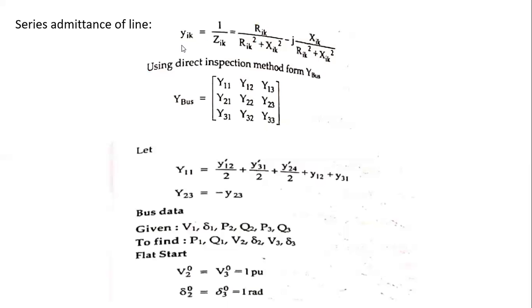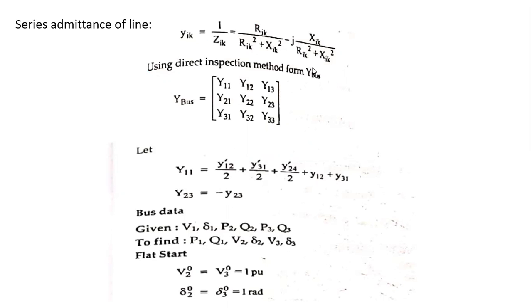Y_IK equals 1 by Z_IK, that is equal to R_IK by (R_IK squared plus X_IK squared) minus j times X_IK by (R_IK squared plus X_IK squared). It is similar to the Gauss-Seidel method.